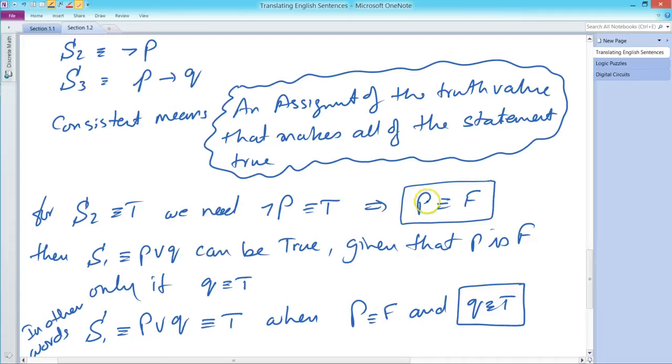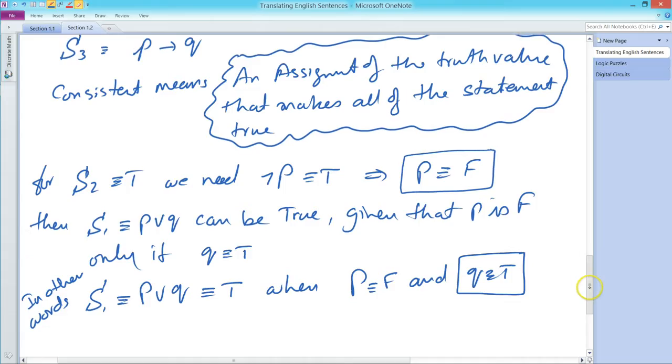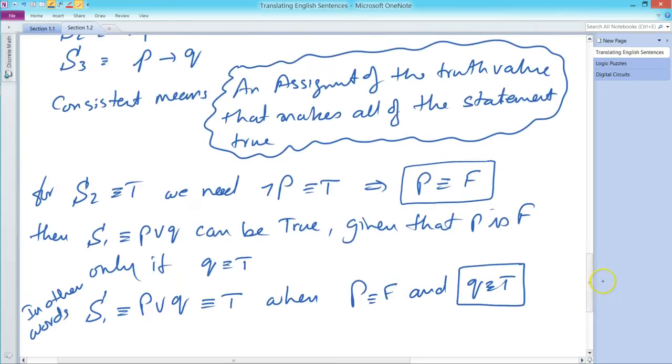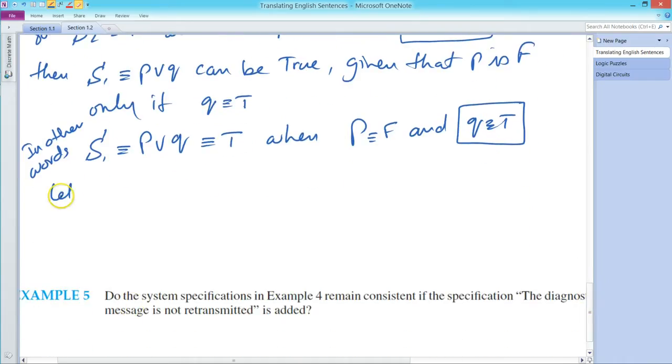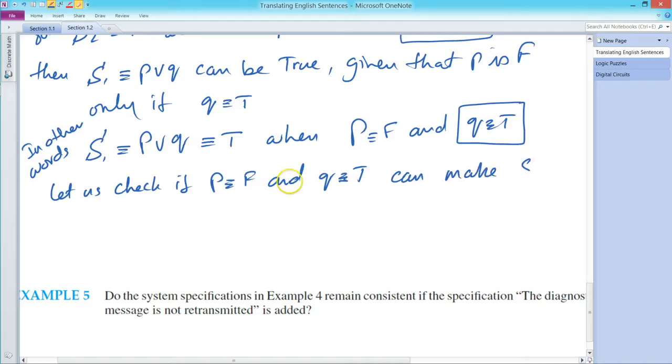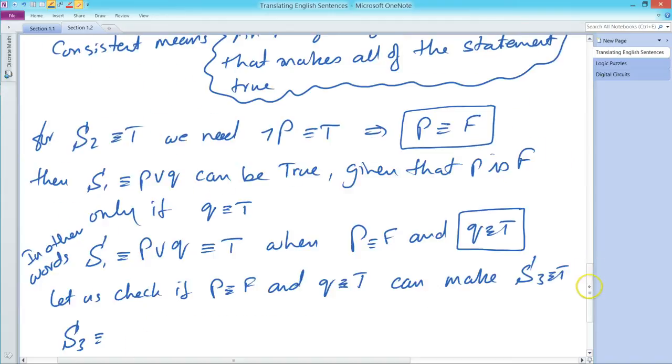Now that we found that P equals false and Q equals true makes S1 and S2 true, let's see if S3 can also be true using these values. S3 is P implies Q. Let me write over here. Let us check if P equals false and Q equals true can make S3 true.